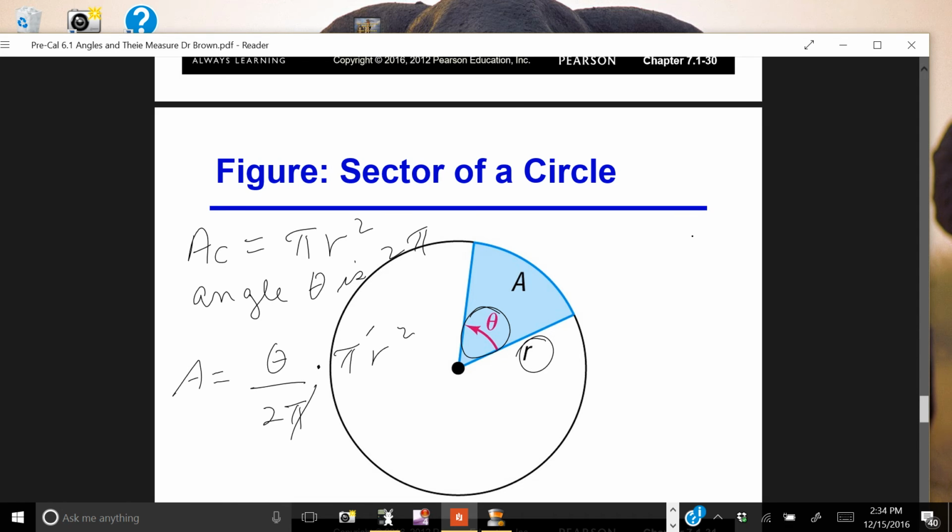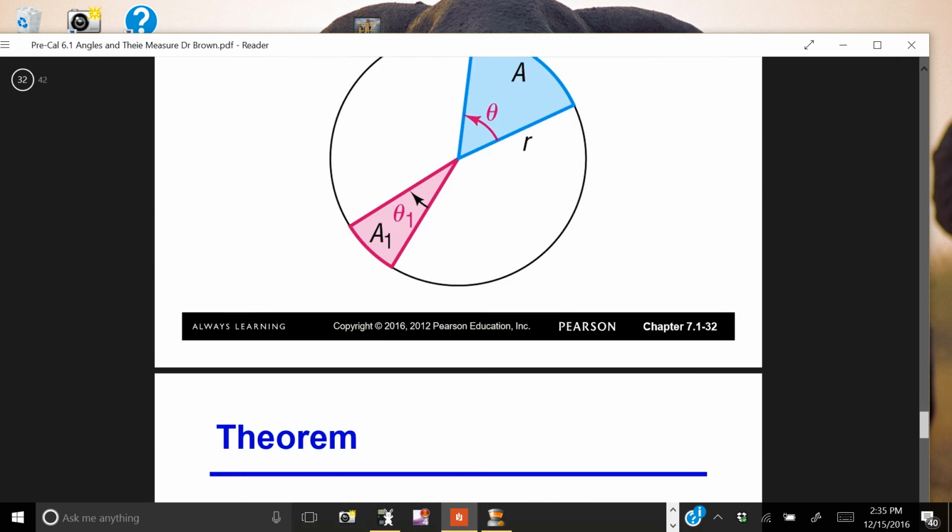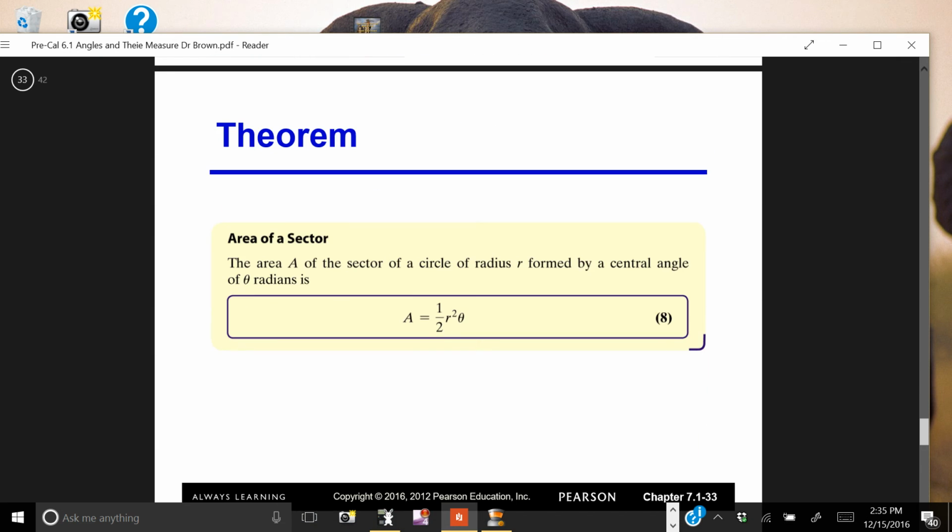And canceling out the pi, we get 1/2 r squared theta. So we have now an equation for the area of a sector of a circle is equal to 1/2 r squared theta.